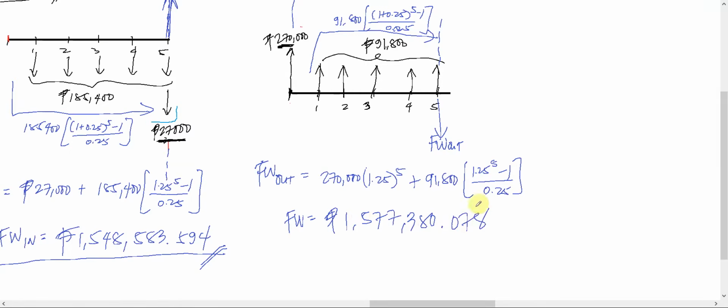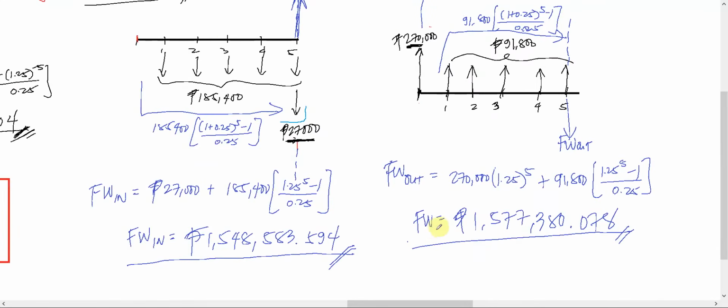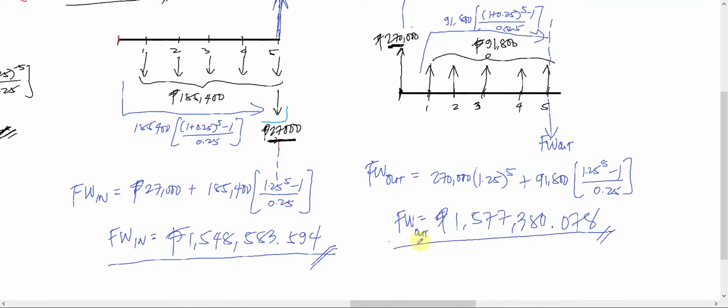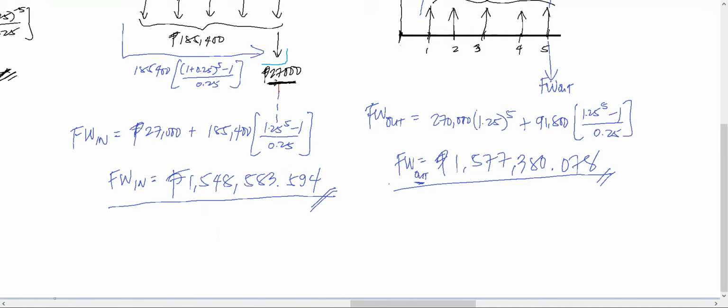Again, by visualization, makikita na natin ulit na mas mataas yung future worth ni cash outflow na 1,577,000 compared sa future worth ni cash inflow na 1,548,000. So, ang statement natin dito, since future worth ni outflow is greater than future worth ni inflow, ganun pa rin.